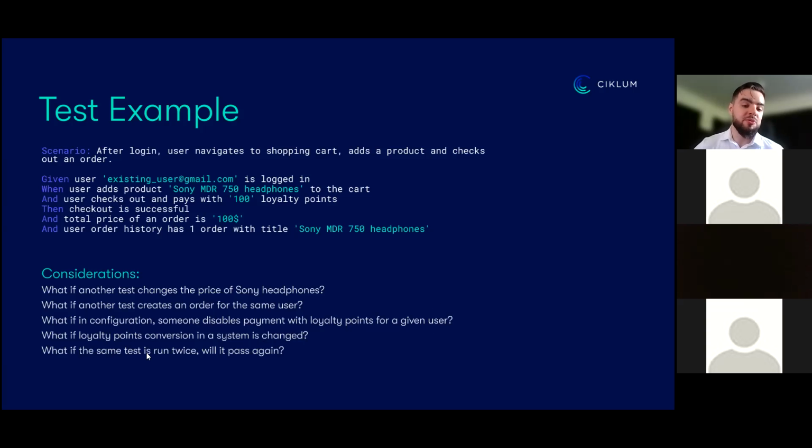What if the loyalty points conversion in the system is changed, so 100 loyalty points will not be $100, and so on. And even the simplest case: what if the same test is run twice? Will it pass again? It will not, because the order history will have more than one order, since we didn't clean anything here. So let's discuss how we can improve this and make the test much more stable and isolated.